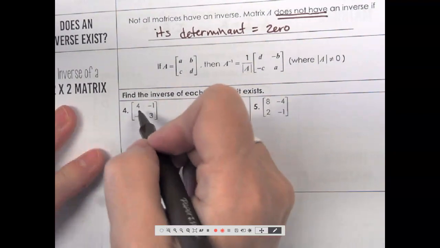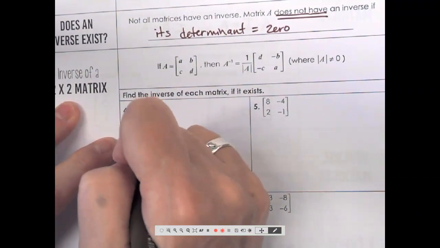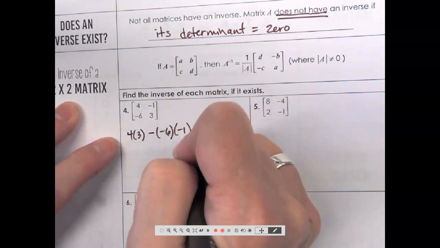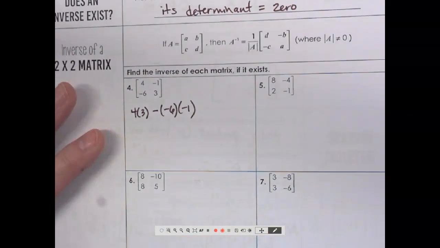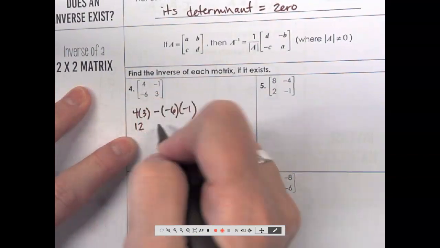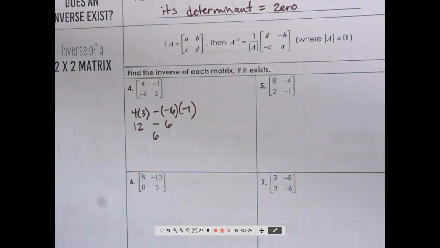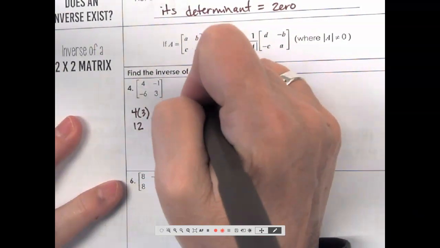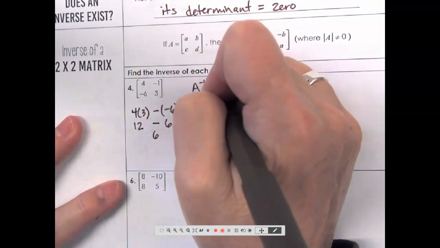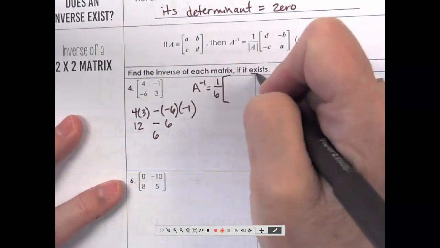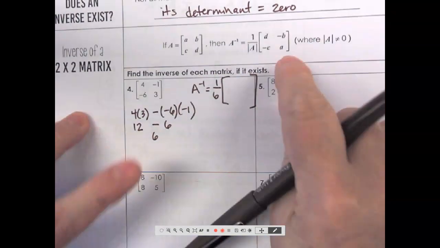First thing, find the determinant. 4 times 3 minus negative 6 times negative 1. That's 12 minus 6 is 6. Okay, I didn't get 0, so we have an inverse. Okay, so the inverse will be 1 over 6 times, now we do the little switcheroo thing.